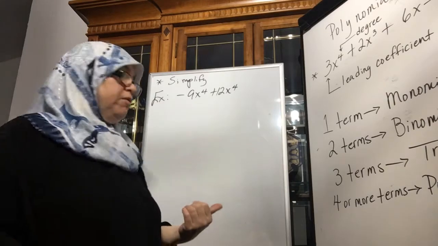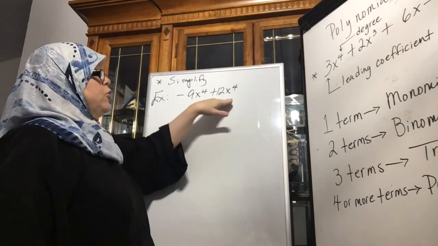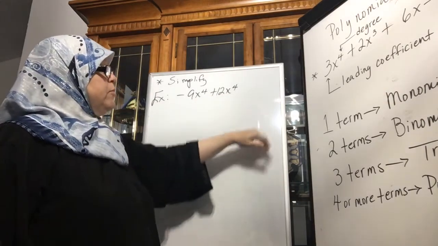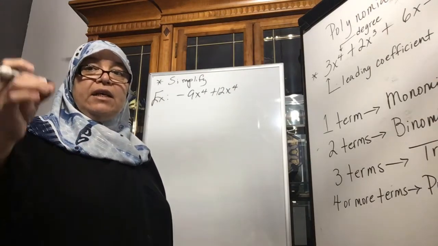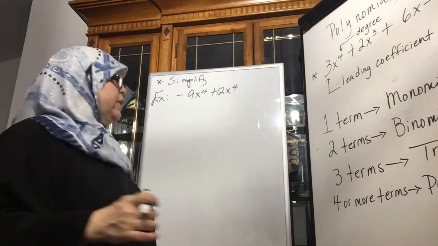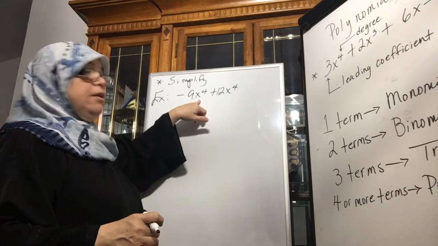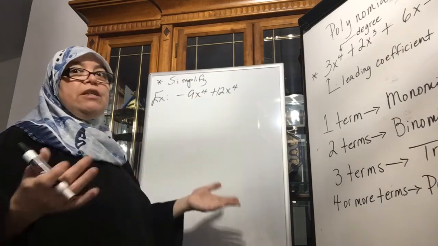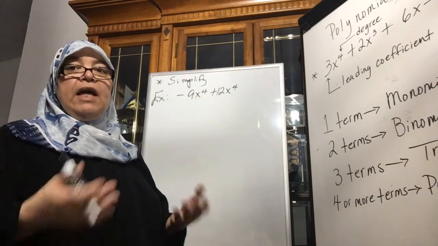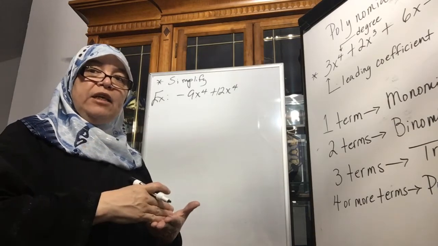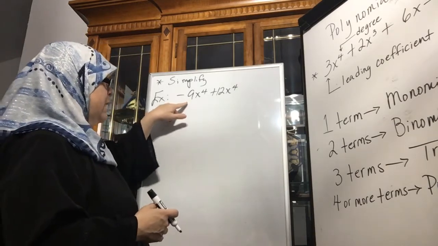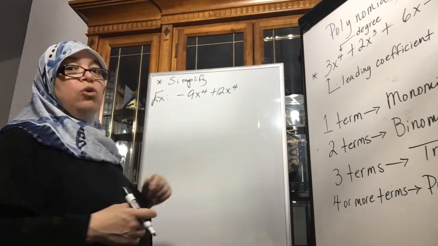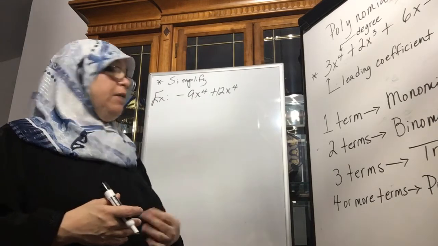Now, when you simplify, you need to make sure that all the variables have the exact same power. You cannot combine an x to the 4th with an x squared, let's say. Like terms means they're exactly the same. The only different thing might be the leading coefficient on each term, okay?